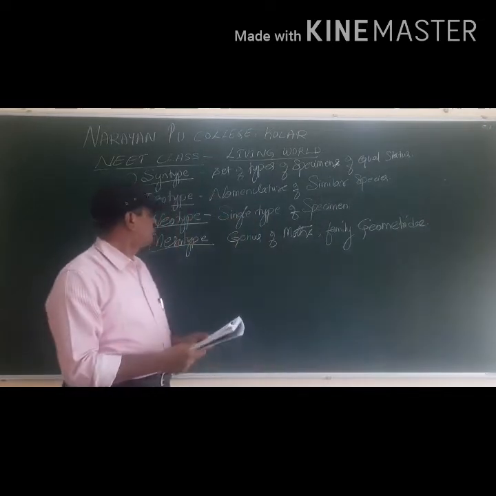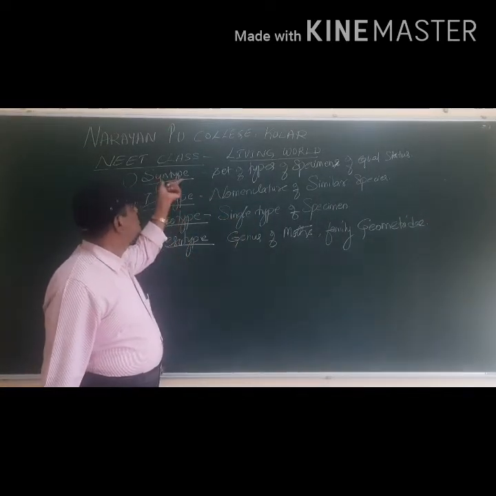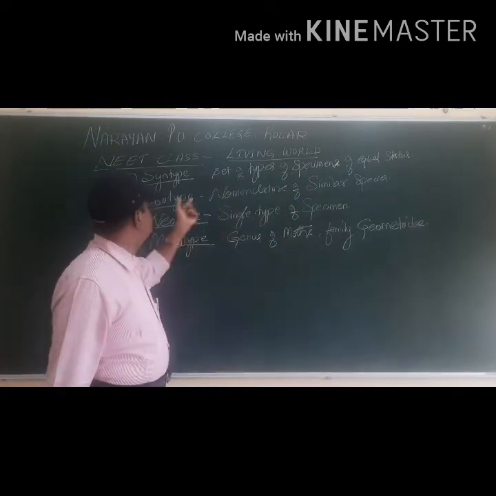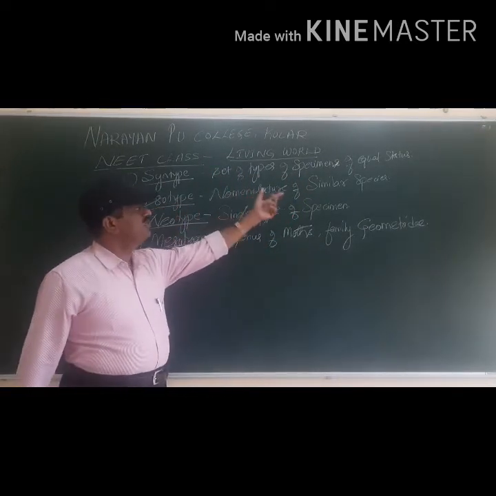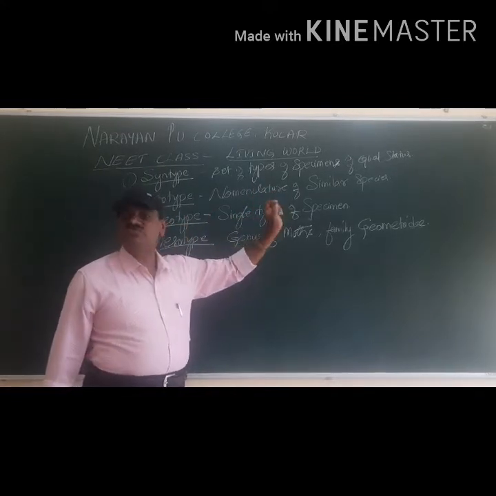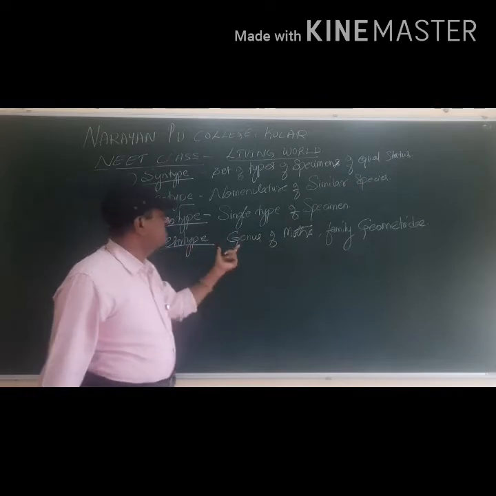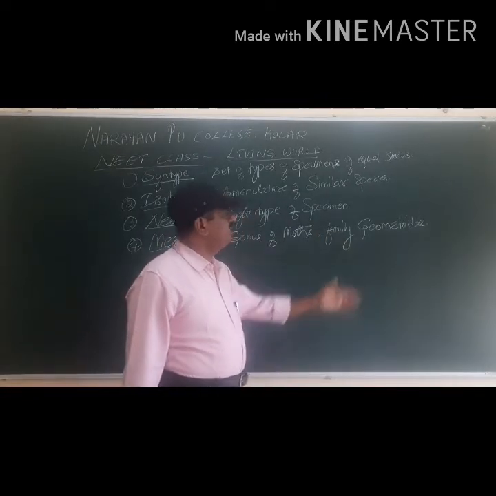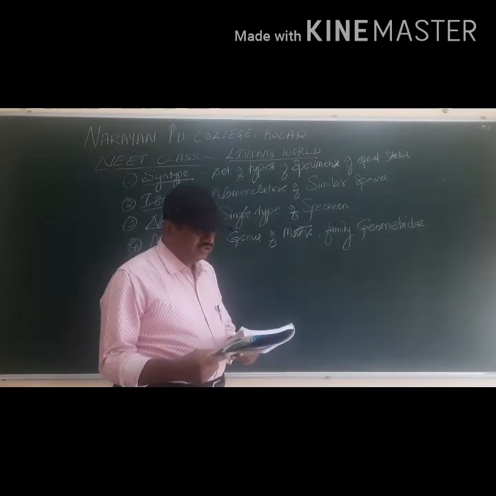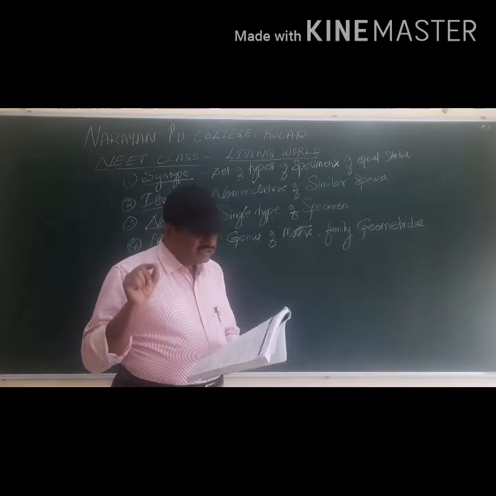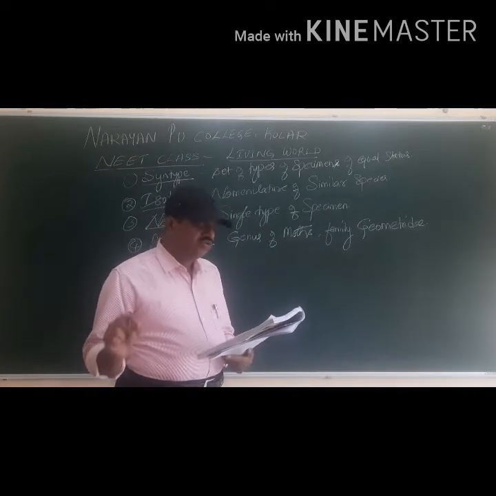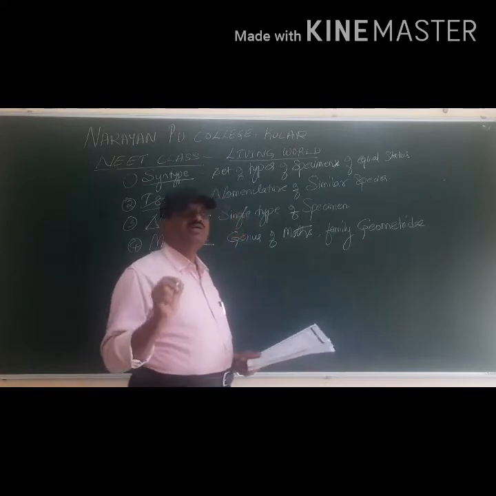So here, syntype is a set of types of specimens of equal status, isotype is the nomenclature of a similar species, neotype is a single type of specimen, and mesotype is a genus of moths, family Geometridae. So the question is: a botanist is to nomenclate a similar species.